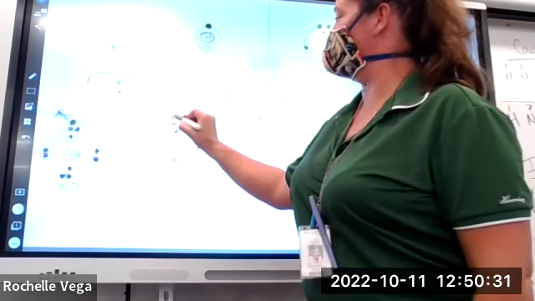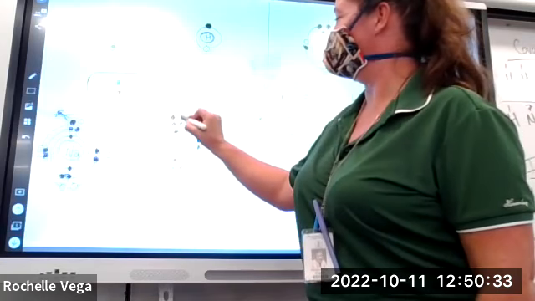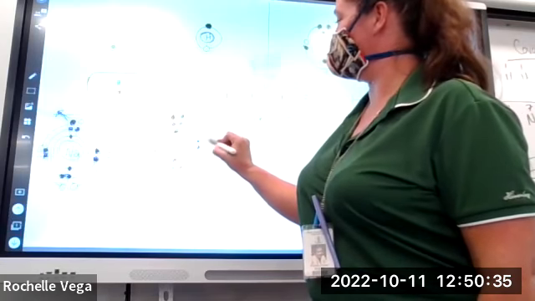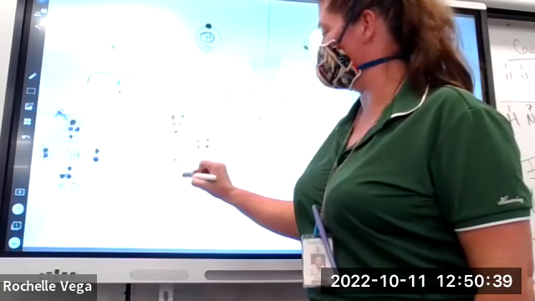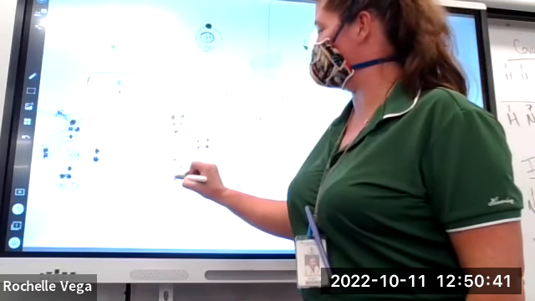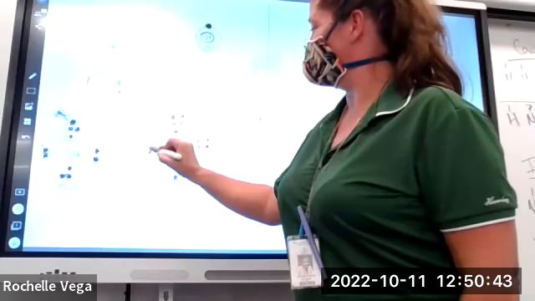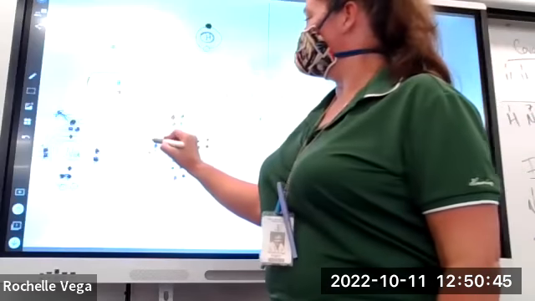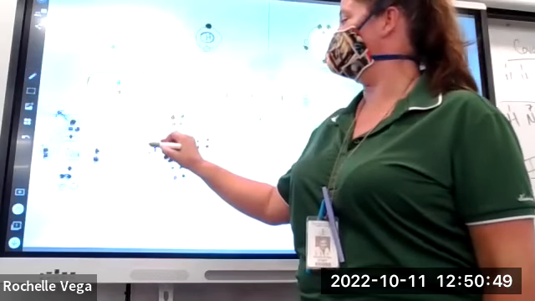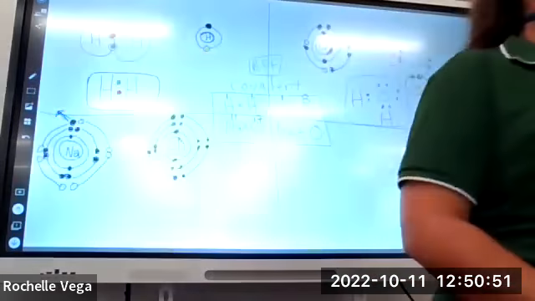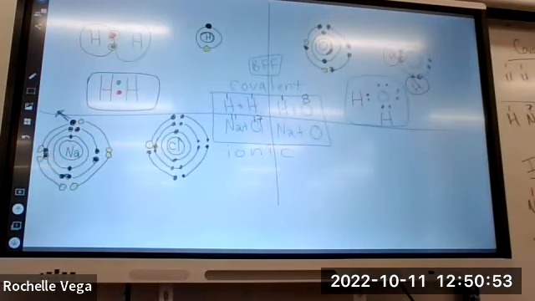And then on my next layer, I am going to have to fill in 7 more to get to my 17. So guys, how many openings does chlorine have? Just 1. That's all chlorine has.